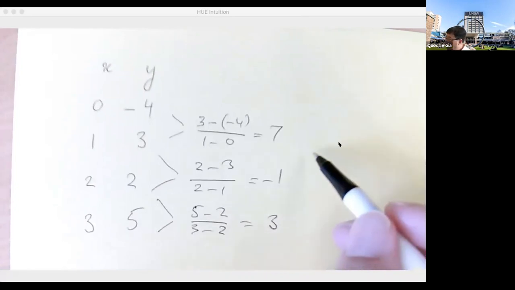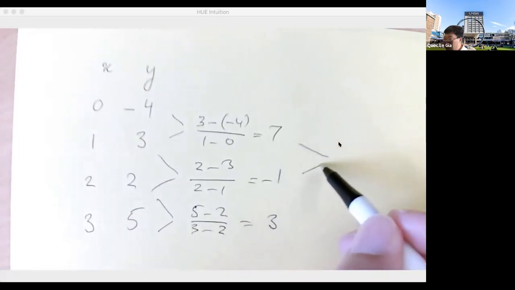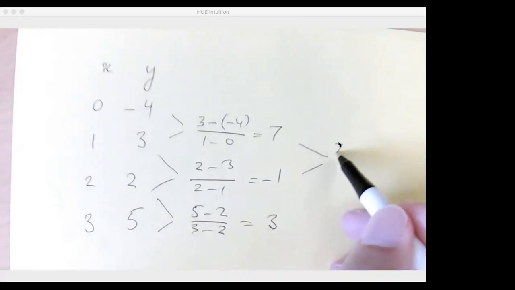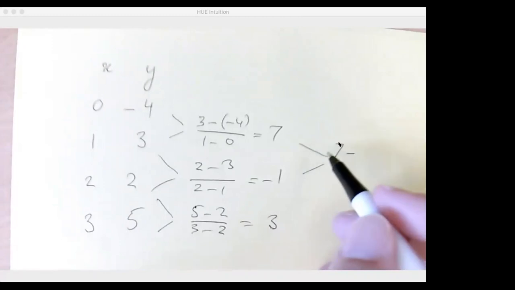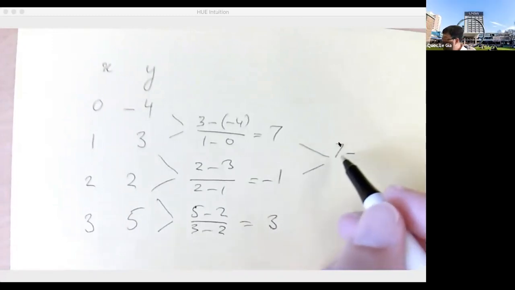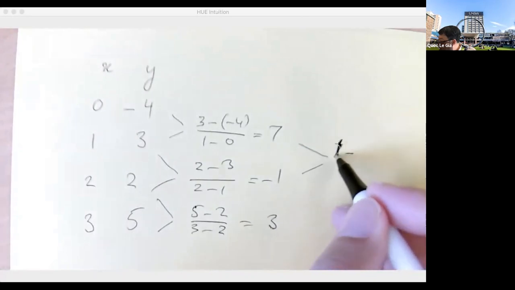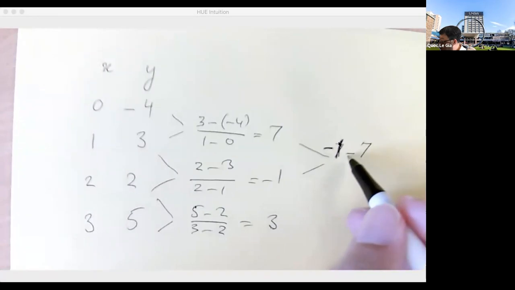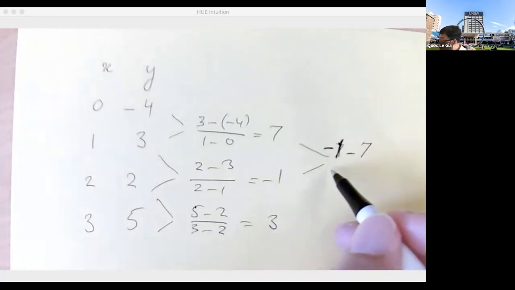And then how do you find this coefficient? Well, you just take minus 1 minus 7, yeah. So minus 7, yeah.